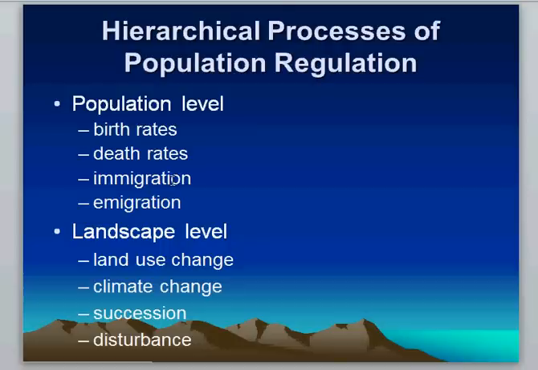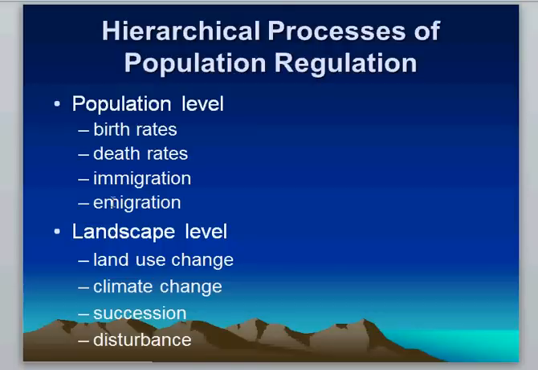And by the same token, if our population is too big and density dependent effects or the density independent crash is coming, we can take individuals out of the population and relocate them elsewhere to maintain a stable population level.